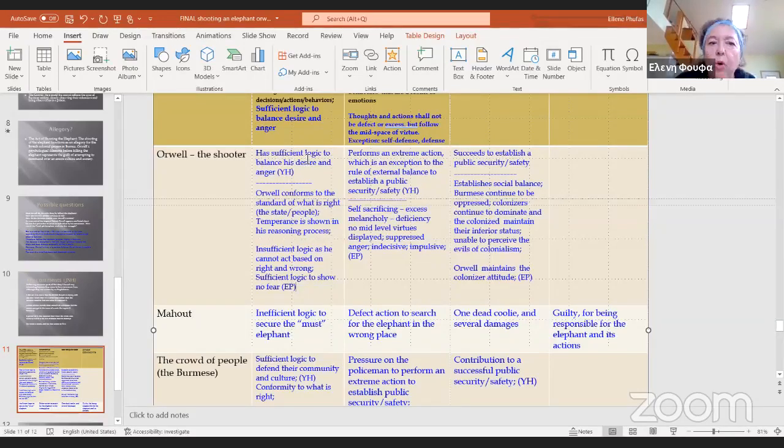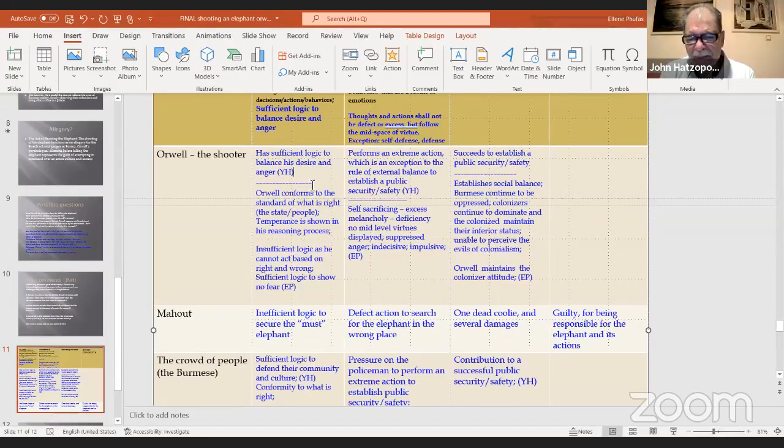Here we have, Orwell has sufficient logic to balance his desire and anger. I'm theorizing that the fact that he is constantly thinking about what he's doing in this very difficult, oppressive situation shows sufficient logic. And I'm not sure that's what you meant.